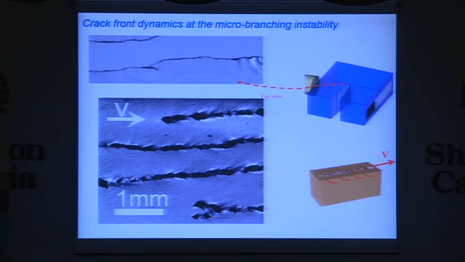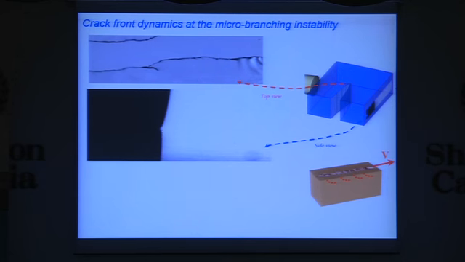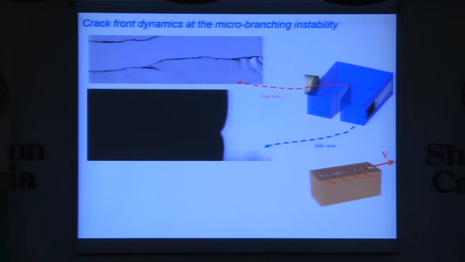Again, our fracture is moving from left to right. What we're going to do is focus in on one of these branches. We're going to look at the crack front as it forms one of these lines of microbranches along the crack surface. And when we do, we find it's much less boring. We actually see this breathing structure. It looks cusp-like, and that's a hint of what is to come, as it traverses the fracture surface.